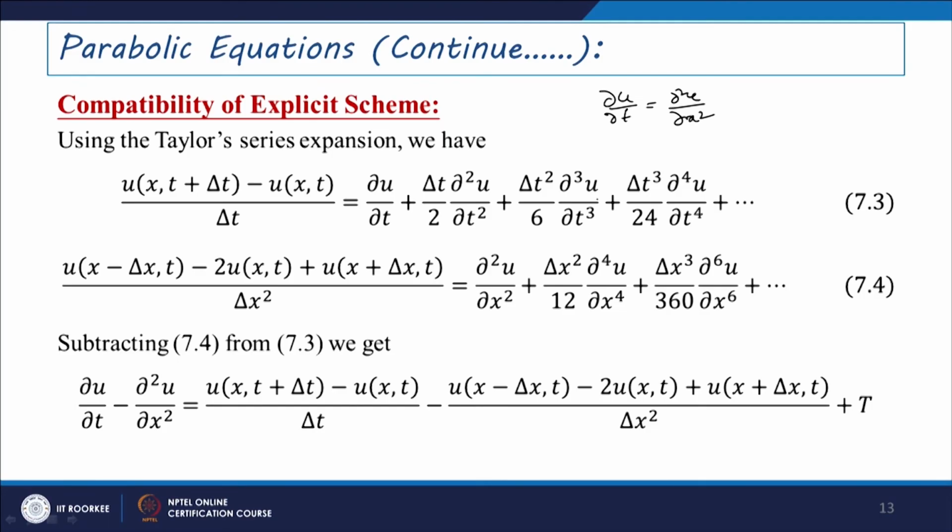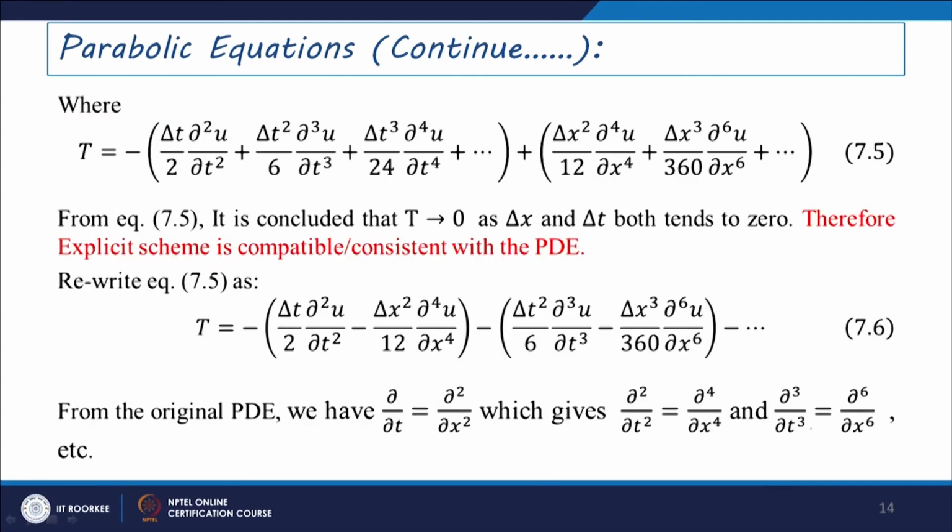And if you take the central difference approximation, then the added truncation error is of this form here. If you subtract these two terms, then we can find the discretized error or the truncation error associated with this expansion. This truncation error, that is the difference of the first time expansion, is nothing but minus of del t by 2 del square u by del t square plus del t square by 6 del cube u by del t cube plus del t cube by 24 del 4 u by del t to the power 4 plus the rest of the terms.